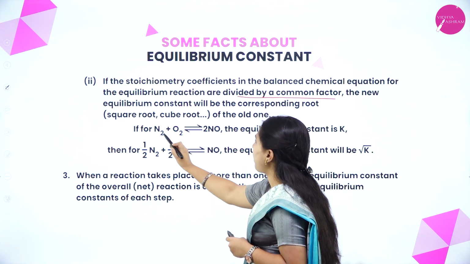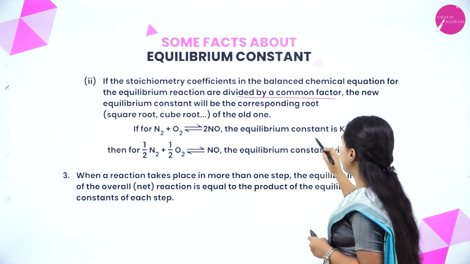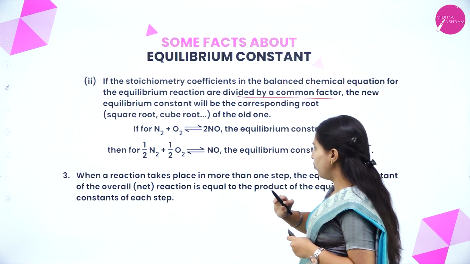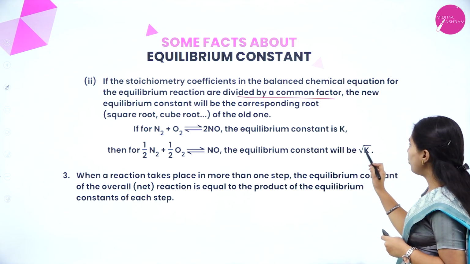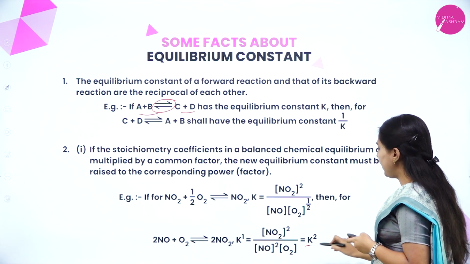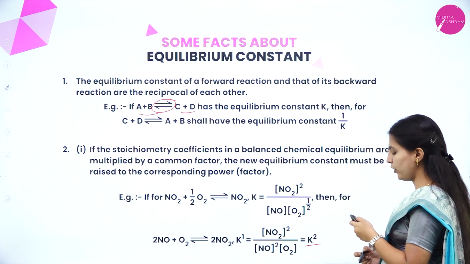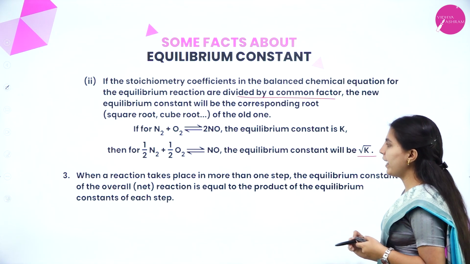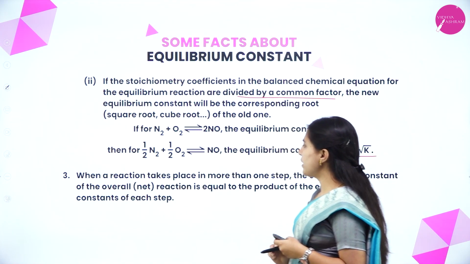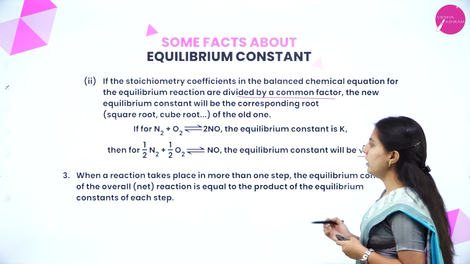See here, if for N2 plus O2 giving 2NO the equilibrium constant is K, then for half N2, half O2 giving NO it will be the root of K. Here, the power you have used on the coefficient is applied to K, so root K or cube root will be used.